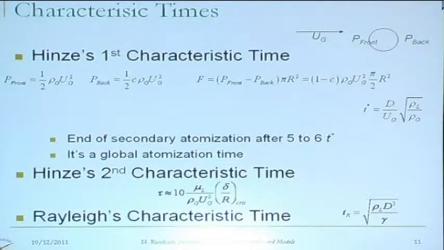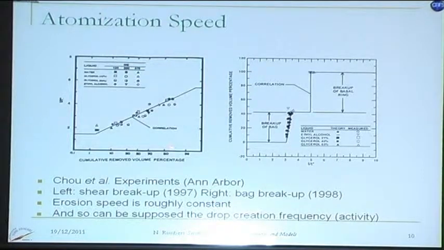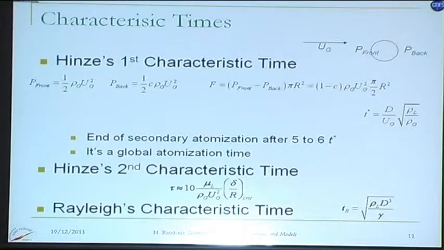This introduces a characteristic time, named T star here. The end of secondary atomization occurs mostly when you reach 5 to 6 T star. You can find it here: at 5, you can say it's the end of the atomization.